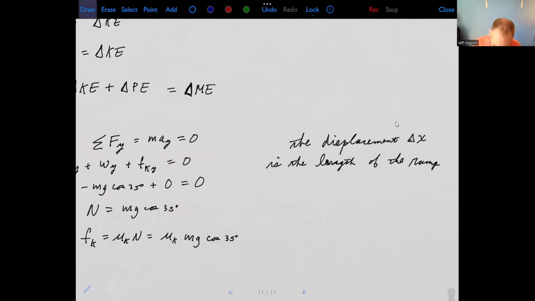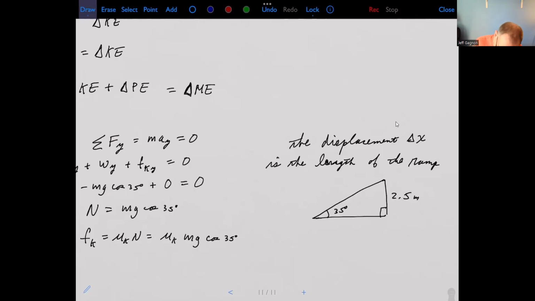Okay, so how do we figure that out? Well, we can just use a little bit of trigonometry here. We know this angle is 35 degrees. We know the height change. Remember, they're going up a vertical distance of 2.5 meters, and we're looking for delta x here. So what trig function relates the opposite side and the hypotenuse? That's going to be sine, right?